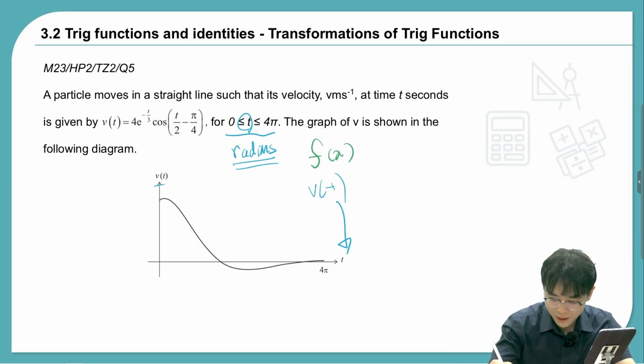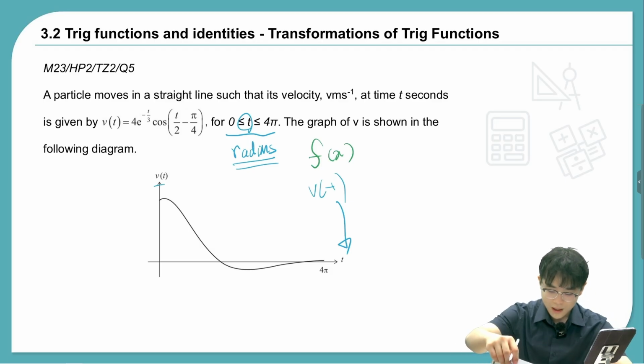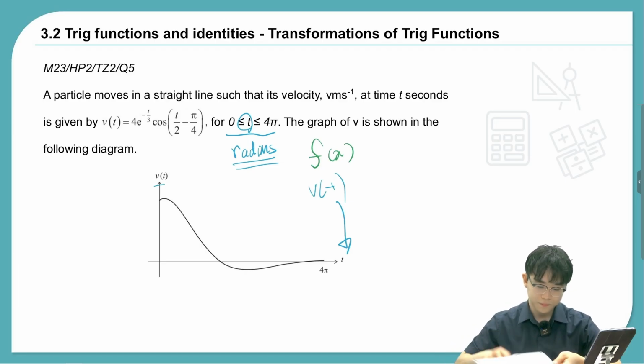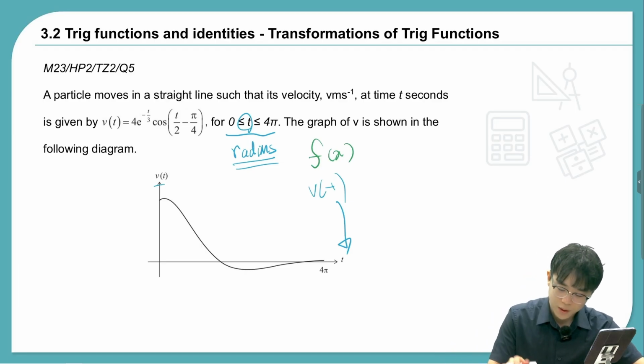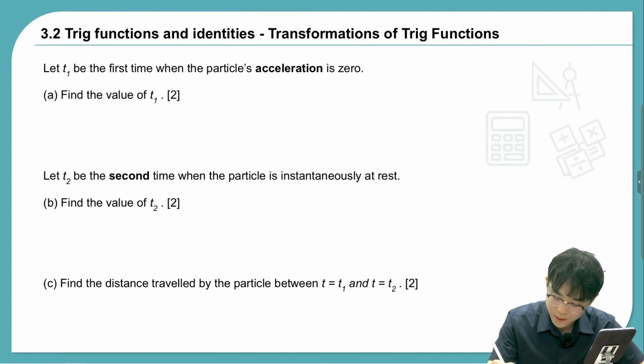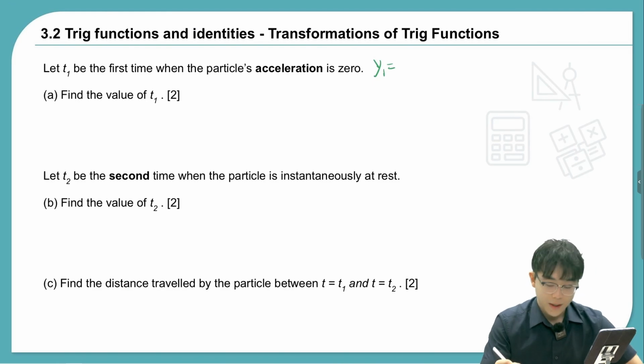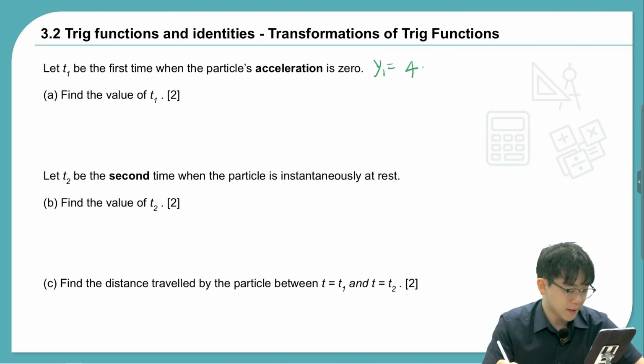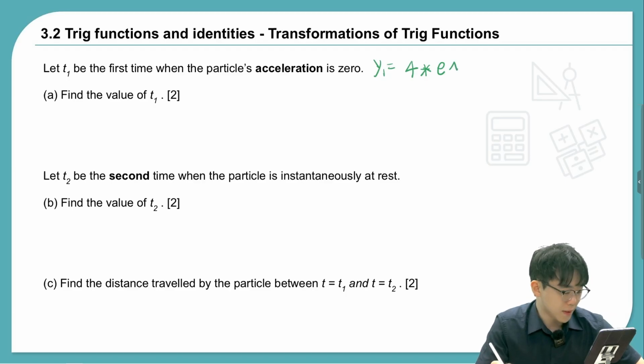So I'm just going to write what I put in my calculator because this is going to be used again and again. The expression that you want to put into your calculator is, for y1, you want to write 4 times, so you press the multiply button, then e to the power of, or exponential to the power of, negative x over 3.